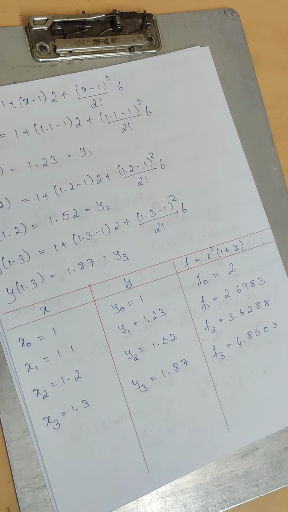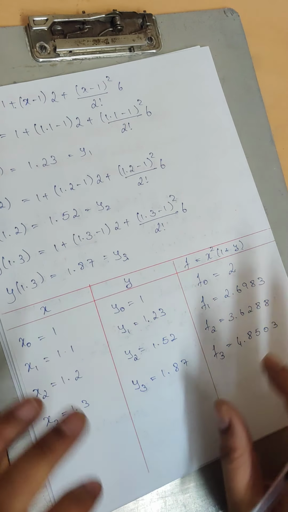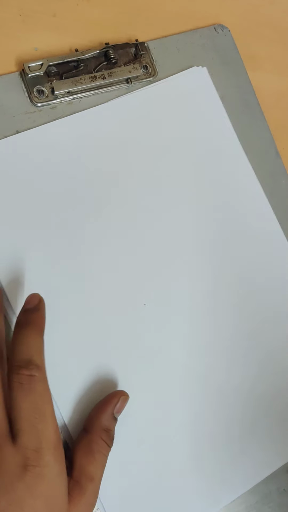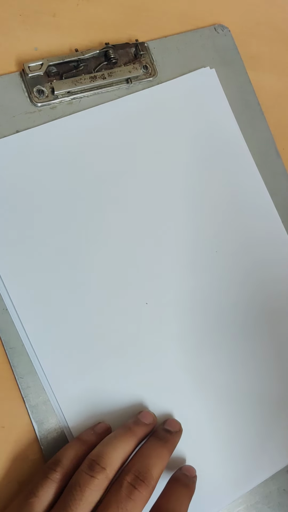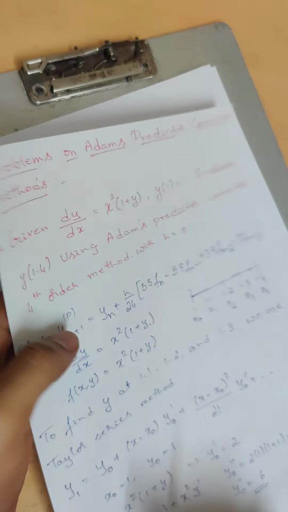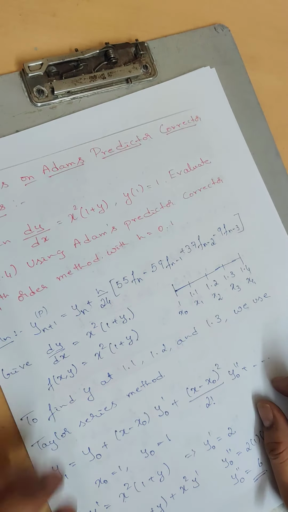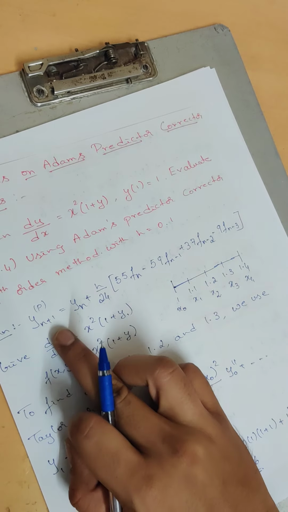So we'll start calculating. In this predictor formula, if we put n is equal to 3, we'll be getting y4.